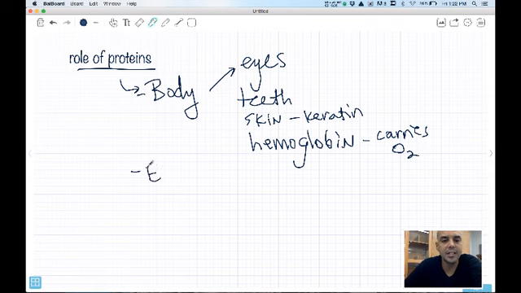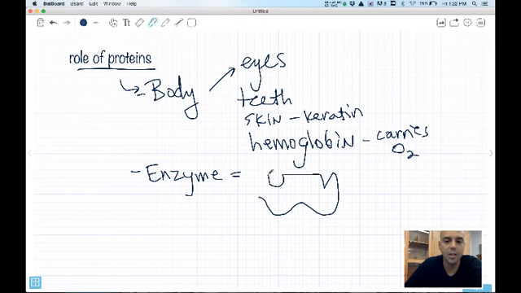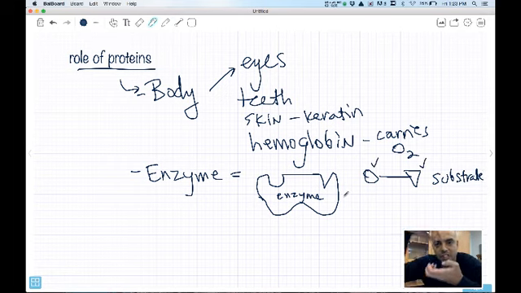The second thing is enzymes, which are little proteins that help speed up reactions and do things in your body. If you see one on the test, you'll see the famous lock and key model, which is the enzyme. And the thing it's trying to break is called a substrate. The substrate is made up of two things, and it just fits in like a puzzle.